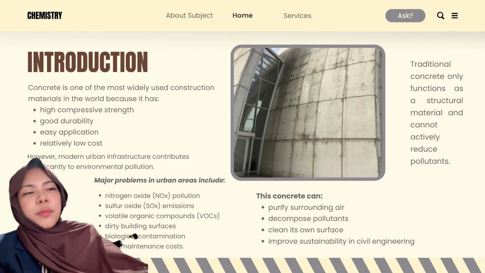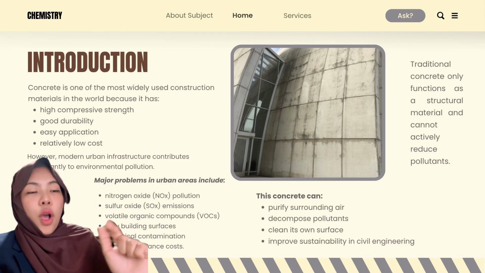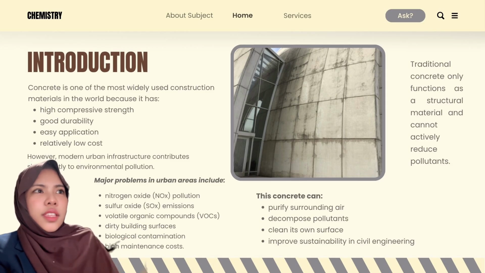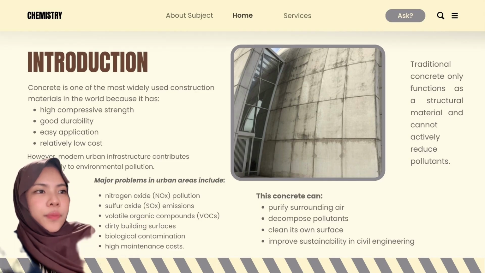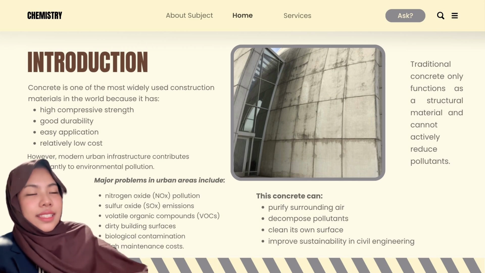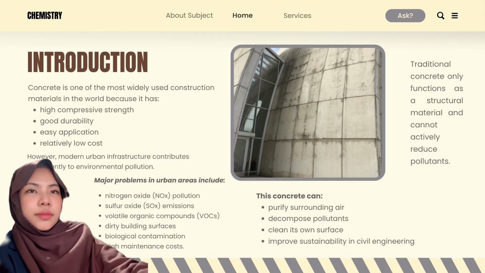This concrete can purify surrounding air, decompose pollution, clean its own surface, and improve sustainability in civil engineering. Traditional concrete only functions as a structural material and cannot actively reduce pollution. So, what makes this concrete special is it can clean itself and help purify the air around us.